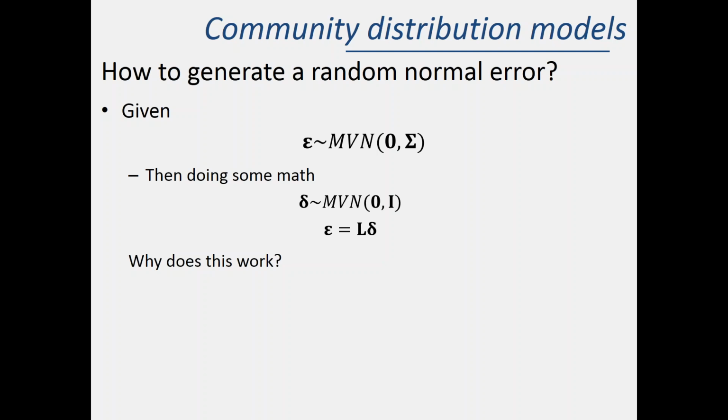Whereas the Cholesky doesn't require inverting the matrix, and so it's usually more computationally efficient to do it. There are cases where this is more computationally efficient than doing the multivariate normal density function. Does that make sense? I think so.